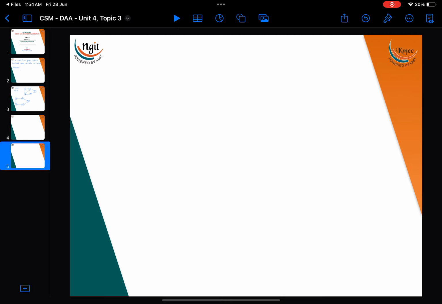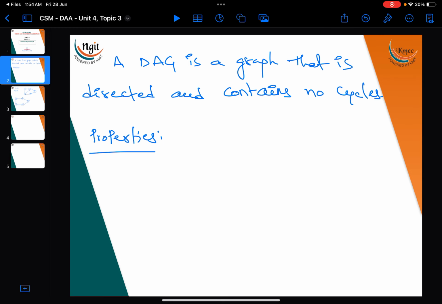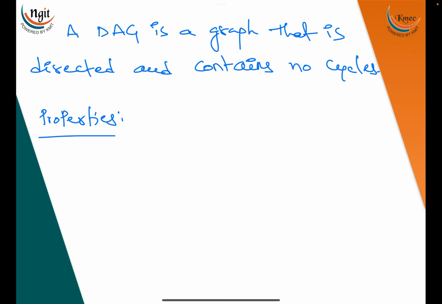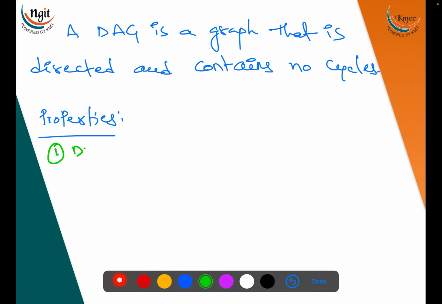So basically we have some properties of this DAG. The basic properties of a directed acyclic graph are two: the first is directed edges and the second is acyclic. Without these you cannot say such graphs are directed acyclic graphs.